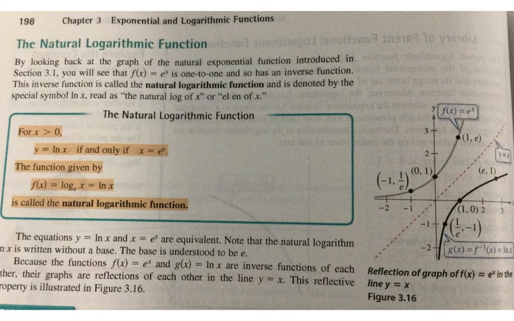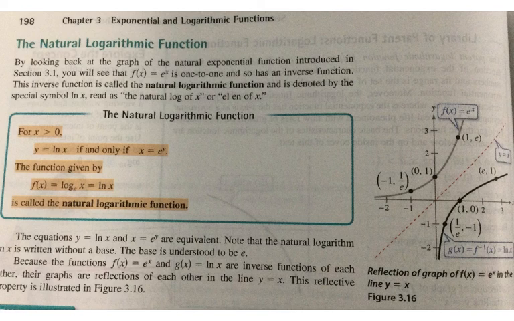In calculus, this log base e is so common that they have shorthand for it. We don't write log base e, they write ln of y equals x. That's the same thing as log base e. That's just the way we write it. And we call it the natural log.